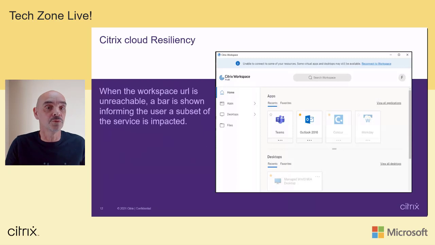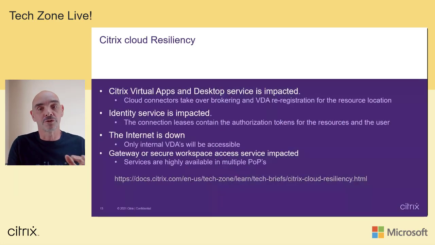Depending on what is down, you may still reach some resources, and the grayed out resources are not available anymore. At Citrix, we work really hard on resiliency, and depending on what goes down, certain scenarios come into play. If Citrix Cloud is impacted, the Cloud Connectors take control. And when the identity service is impacted, then connection lease comes into play.